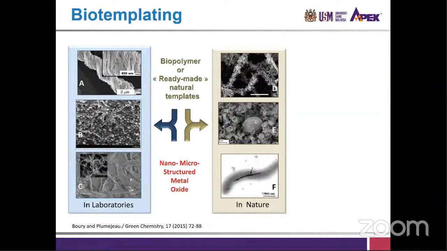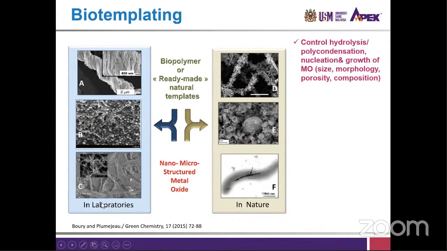So for this biotemplate, as simple as I can show you, the advantage is using biopolymer or ready-made natural templates to make nano-microstructured metal oxides, from nature to lab.